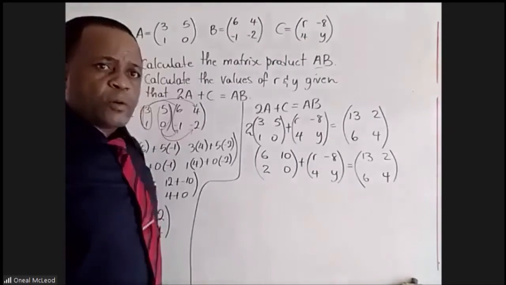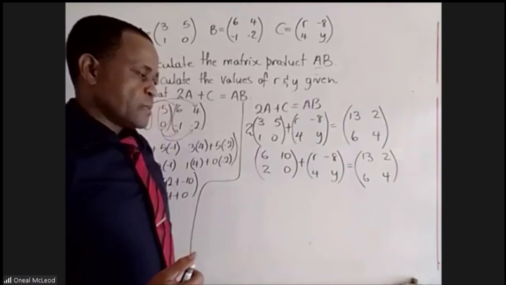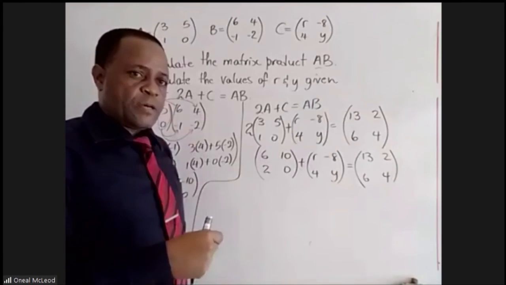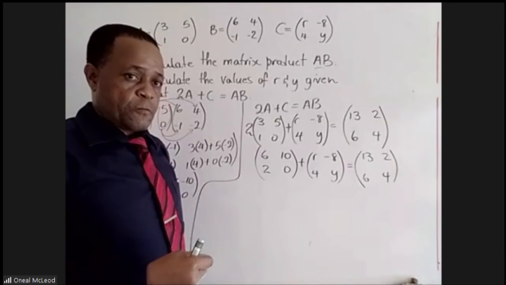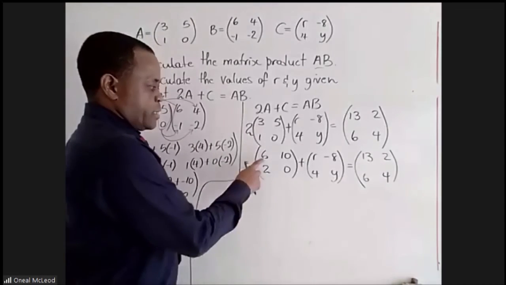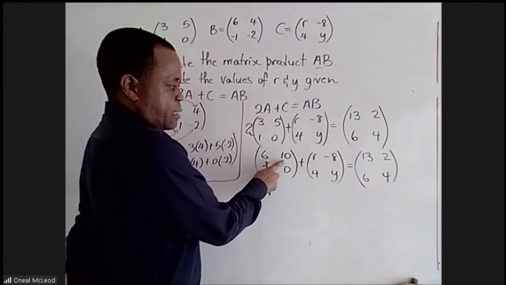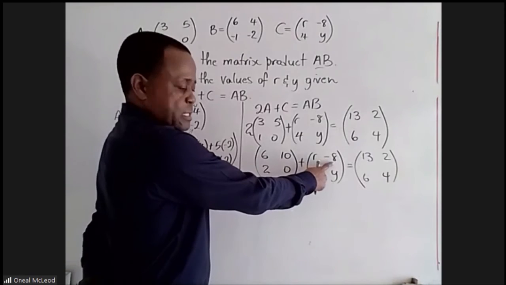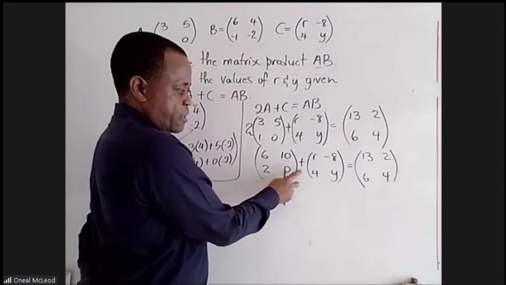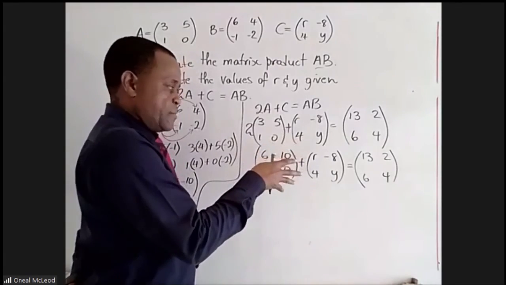Now also we learned about the addition of matrices. Only matrices of the same order can be added, right? And we add corresponding elements. So 6 corresponds to R, 10 corresponds to negative 8, 2 corresponds to 4, and 0 corresponds to Y. Those are the elements that we're going to be adding.